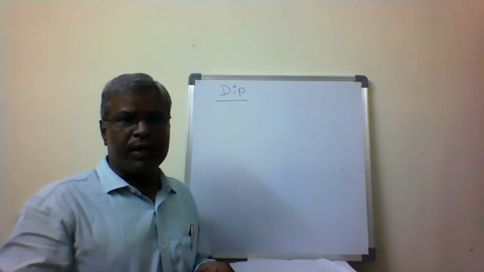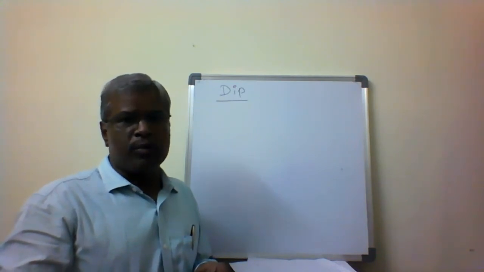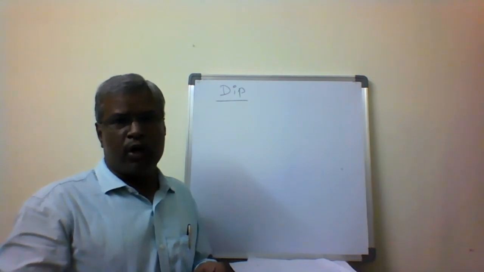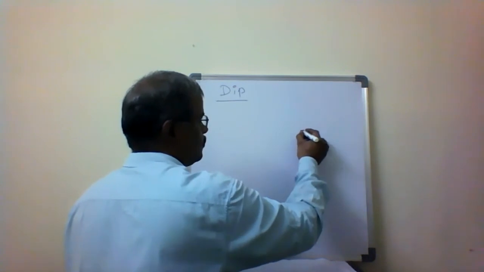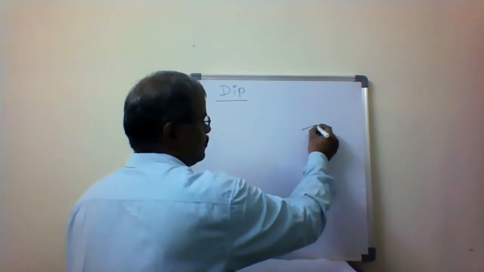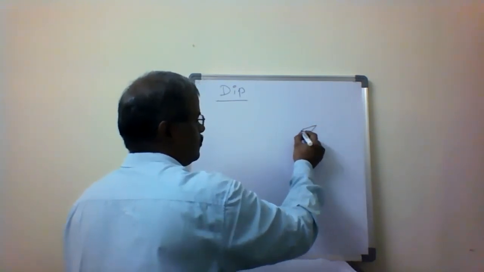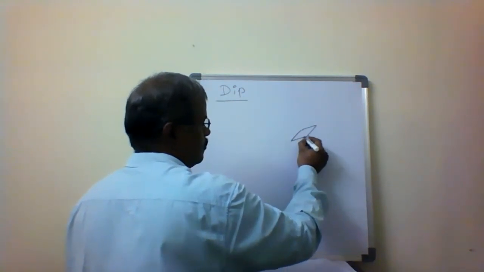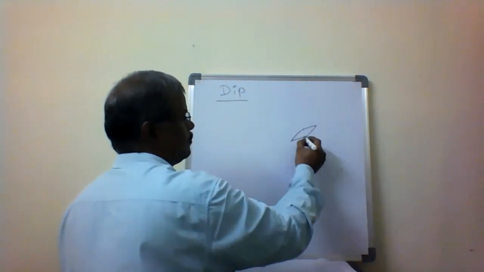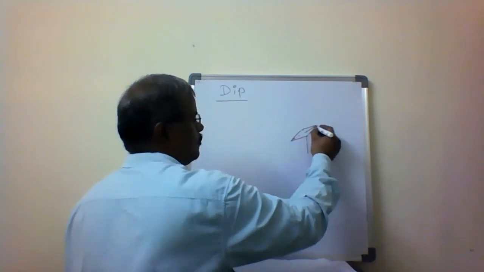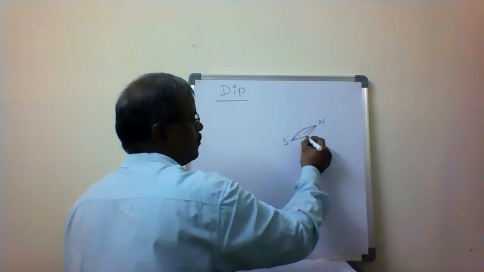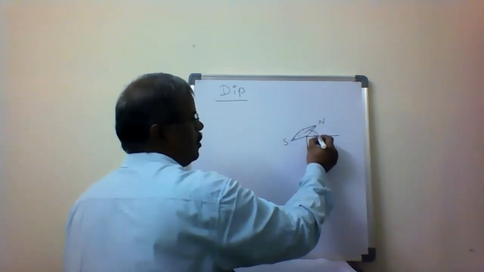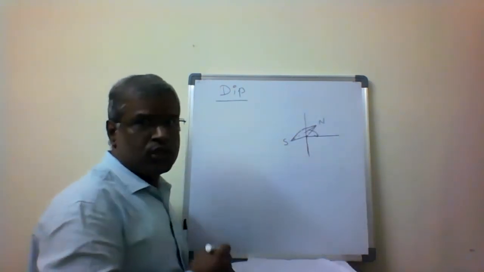There is more attraction at the poles, so it is deflected downwards towards the poles. That is why it is called the dip.